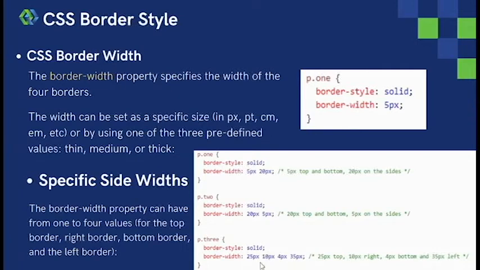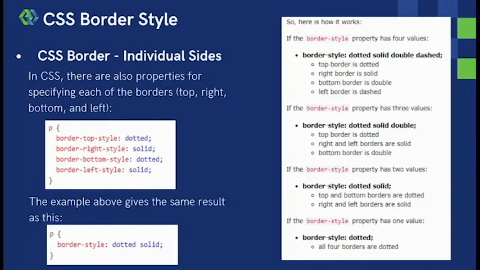When it has four values, it goes top, right, bottom, and left. You can interchange them. So you can explore. Okay, ready.